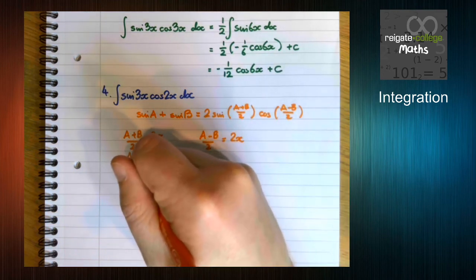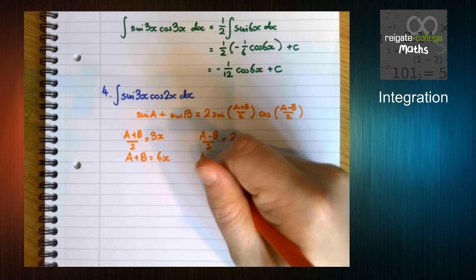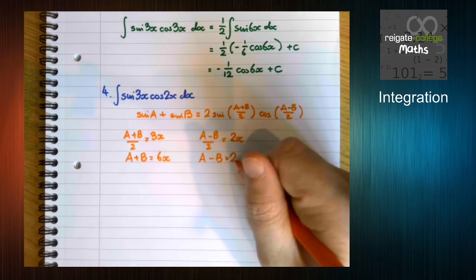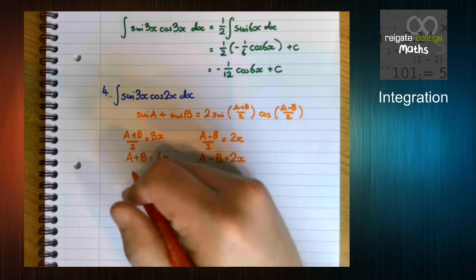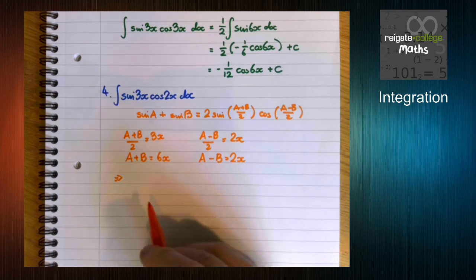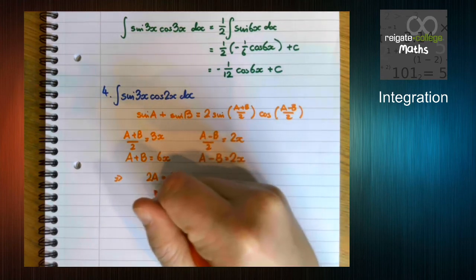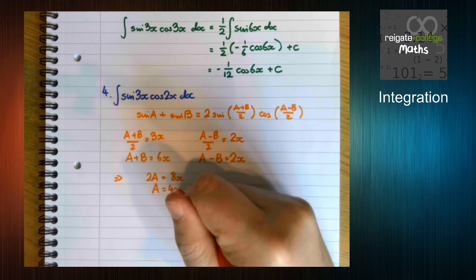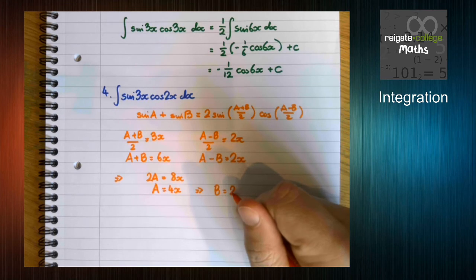So A plus B is 6x, A minus B is 2x. We just solved these simultaneously. So this tells us we add these two equations together, we get 2a equals 8x, so a is 4x, which means that b is 2x.